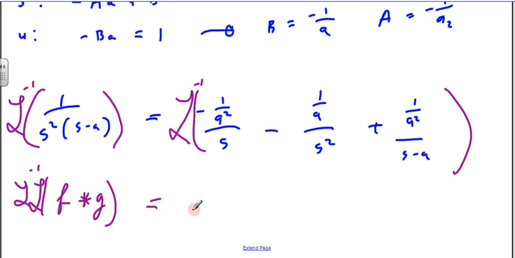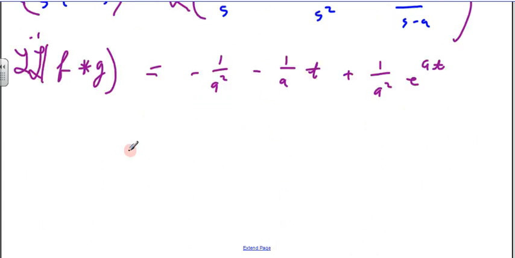Okay, I'm getting minus 1 over a squared, minus 1 over a t, plus 1 over a squared e to the at. All right, so what do I got?